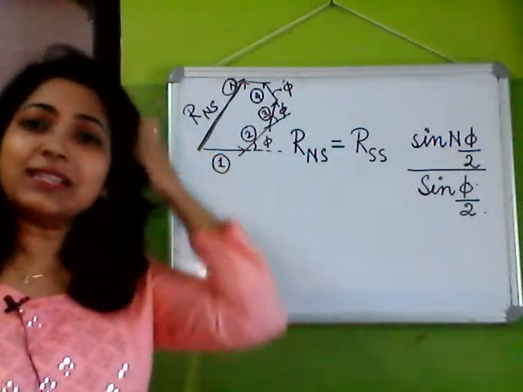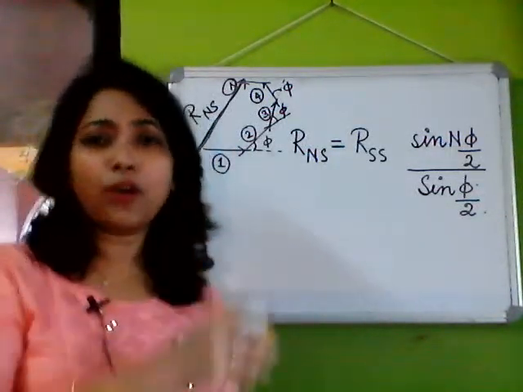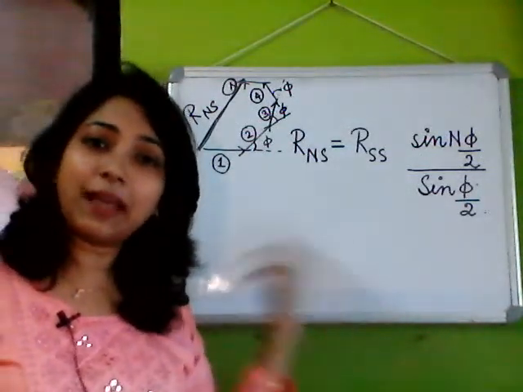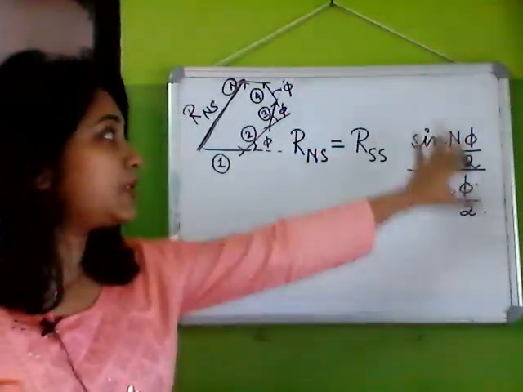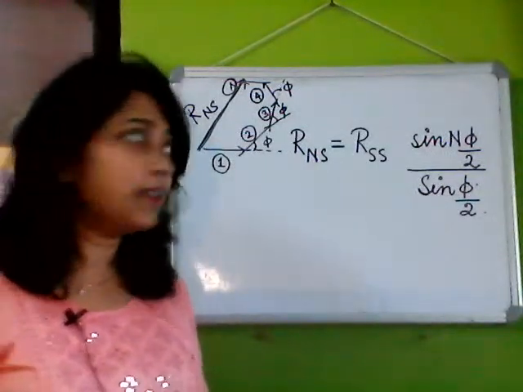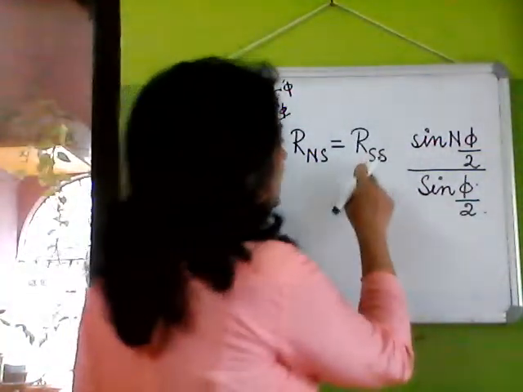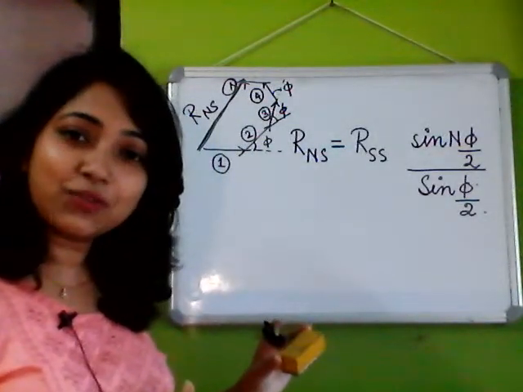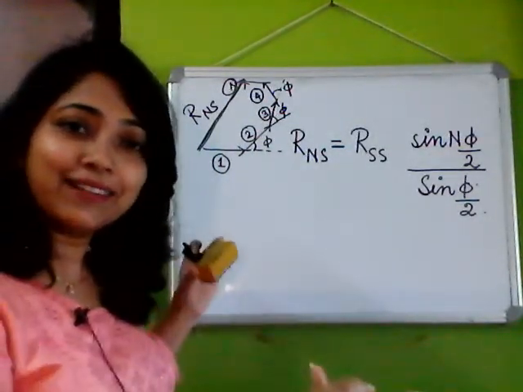Alright, so when a large number of vectors are added with individual phase differences between them, the resultant amplitude is given by this particular formula. Now, if I want to write down what RSS and phi are, I can put in those individual values and get the final expression.